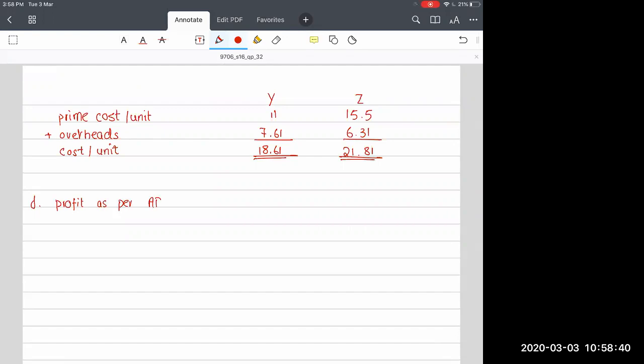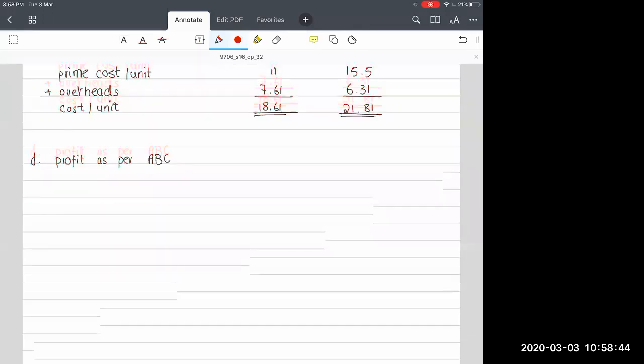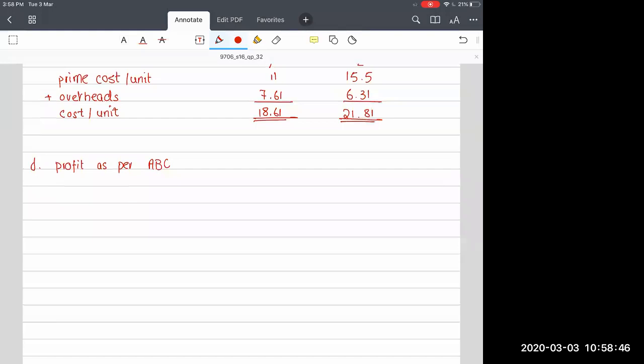ABC, Y and Z. Selling price. What was the selling price of product Y?